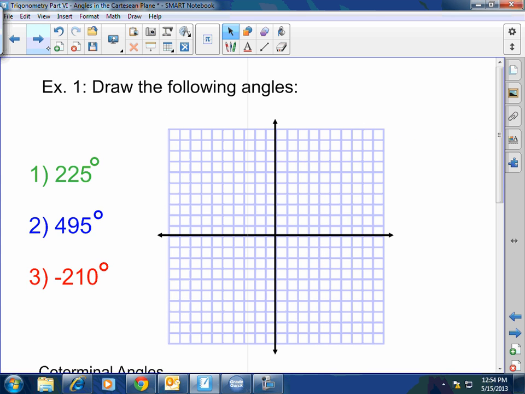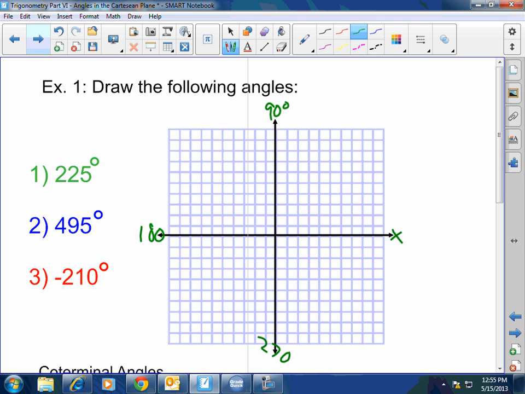All right. Let me show you guys how to start drawing angles. When we draw angles, you have to remember that you're starting at an initial side, and the initial side will be the x-axis right here. I'm going to do these color coordinated so you can see exactly what's happening. You do remember the quadrantal angles: this is 90, that's 180, 270, and 0 or 360.